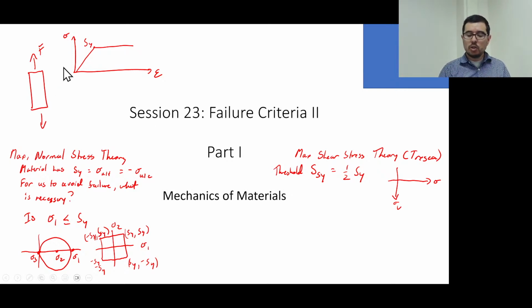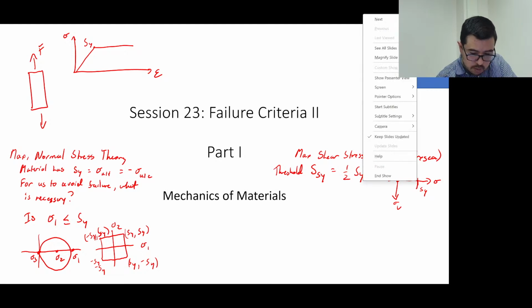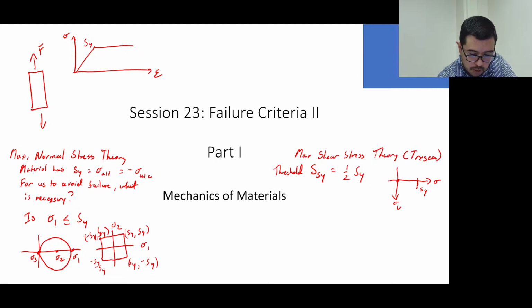Okay? So this tensile test, that loading is going to have a Mohr circle that looks like this, where this would be like sigma 2, sigma 3 essentially, and this would be sigma 1, and we now know about absolute maximum, right? Oh, that's a horrible circle.